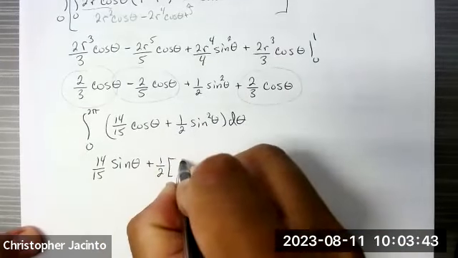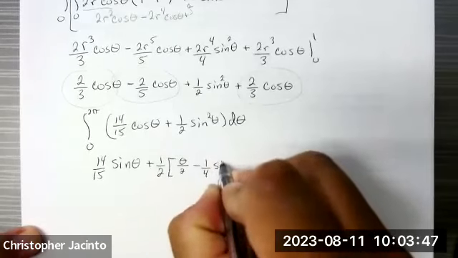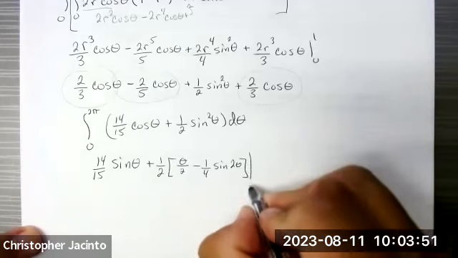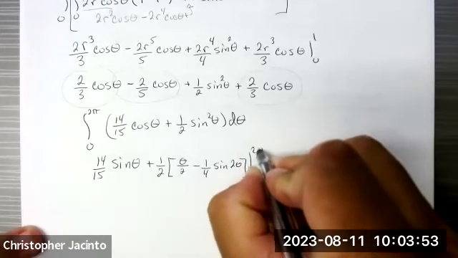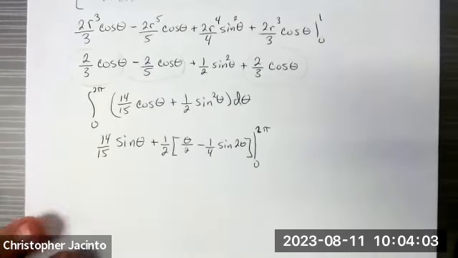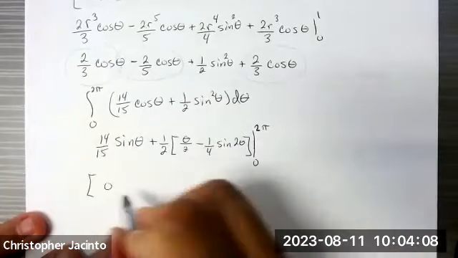Probably memorized it already. All evaluated at 2 pi and 0.